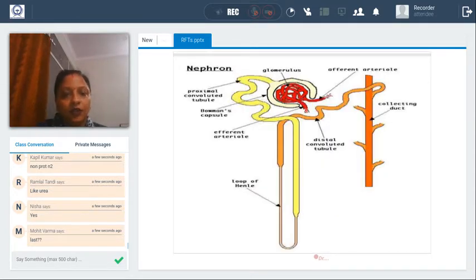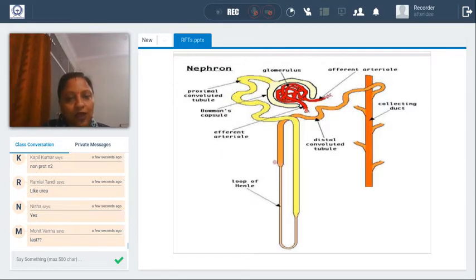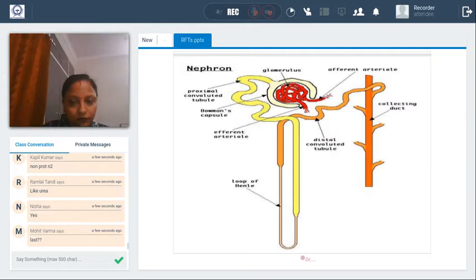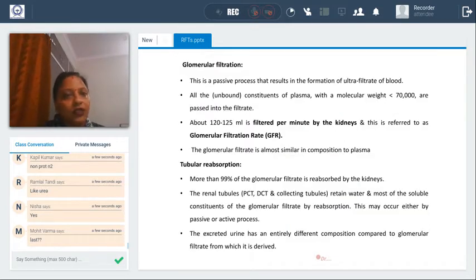This is the structure of the nephron. You all know about the glomerulus, proximal convoluted tubules, PCT, Bowman's capsule. This is the loop of Henle, DCT, distal convoluted tubules, and these are collecting tubules or collecting ducts. What is glomerular filtration? This is a passive process that results in the formation of an ultrafiltrate of blood.